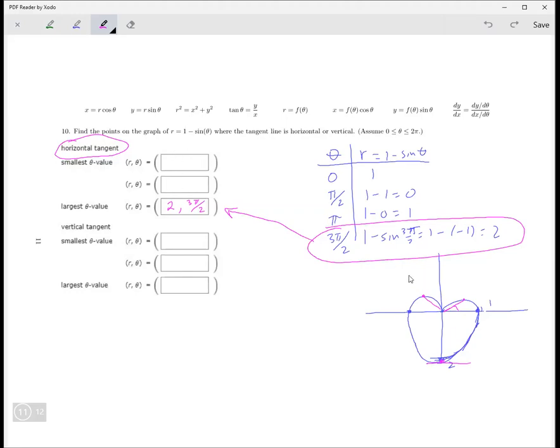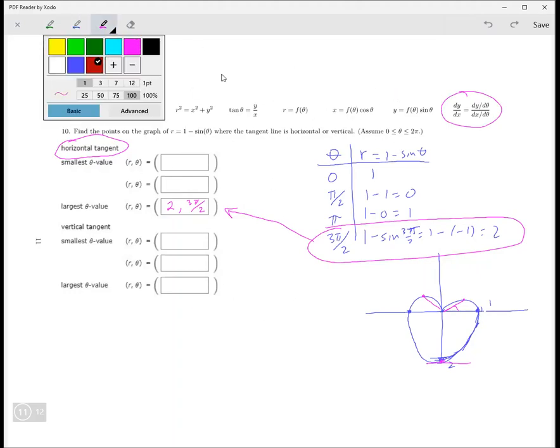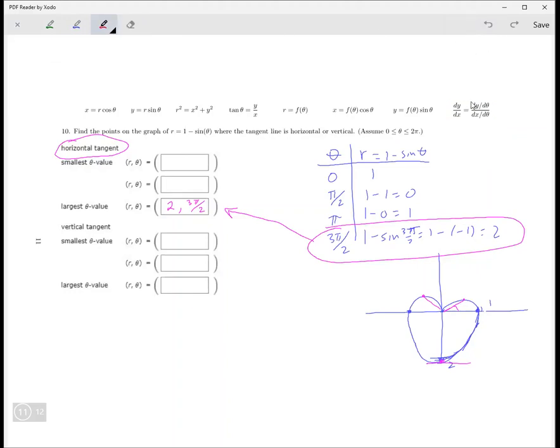Okay, so to find the other two, that's going to be a little bit more trouble. To find the other two, we're going to use this right here. Let me set this up. So you have x will be f of theta.